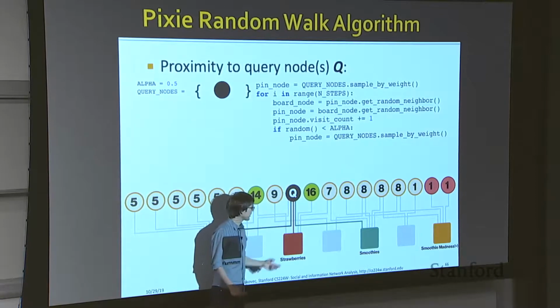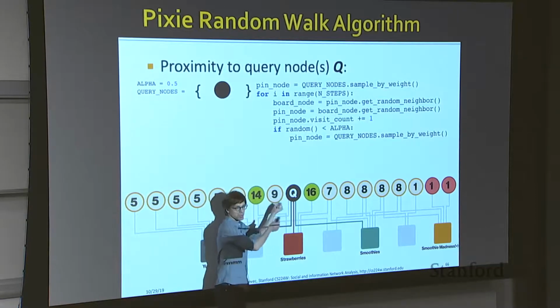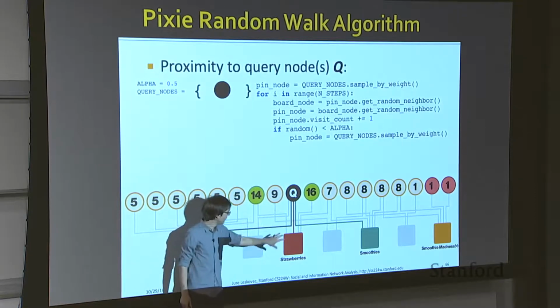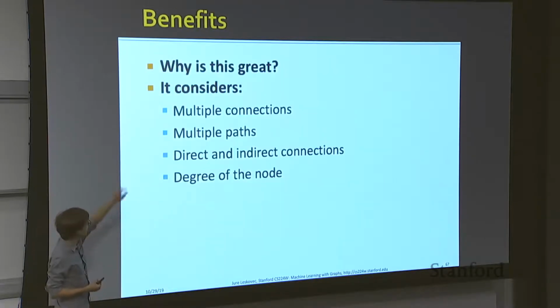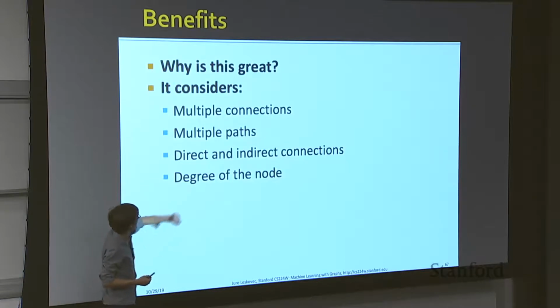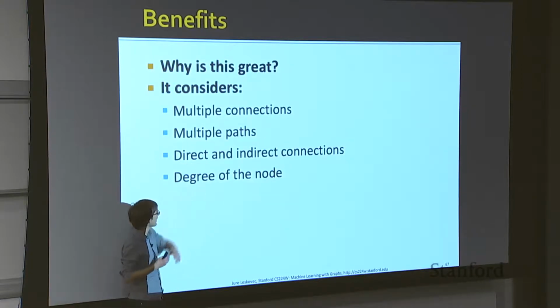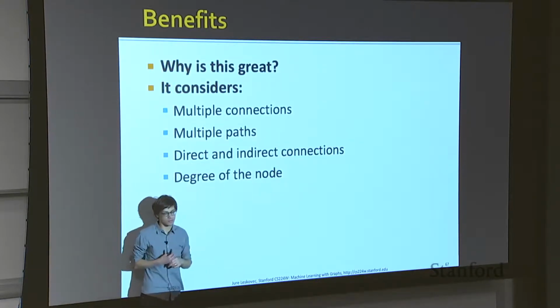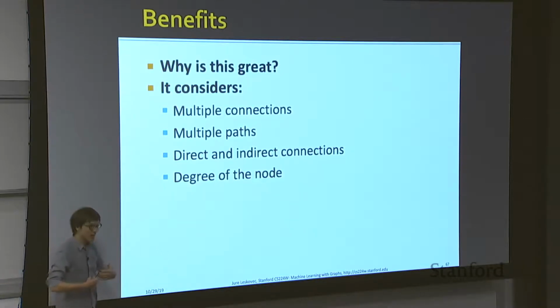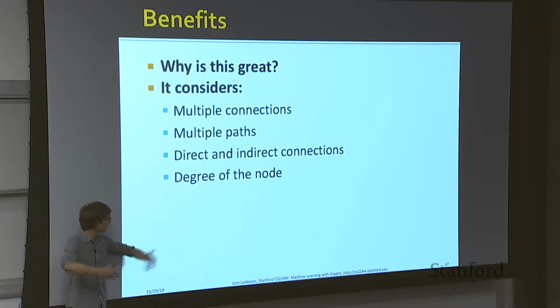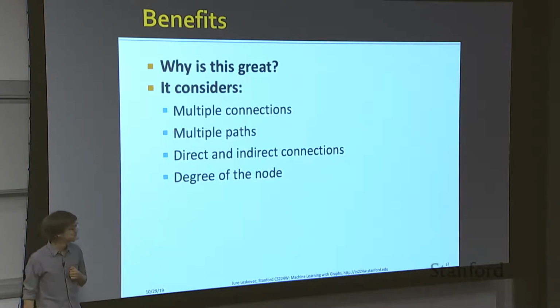Users interact with products, and now you are starting to say which products have the most users in common, where the random walk nicely accounts for multiple connections, multiple paths, direct and indirect connections, and also the degree of the node, right? If we have a user who has super high degree, its importance will get split along many different nodes.